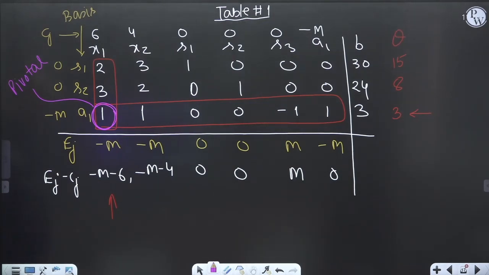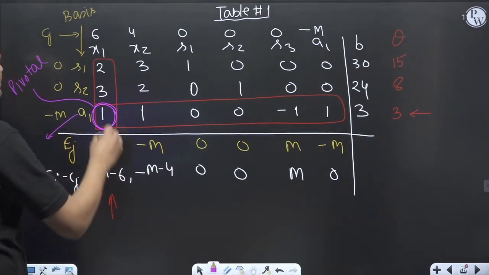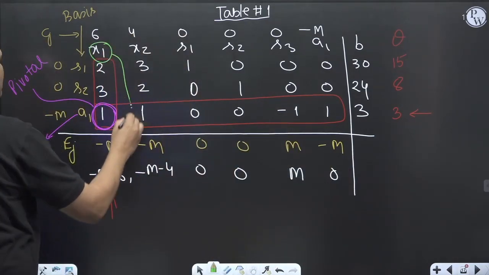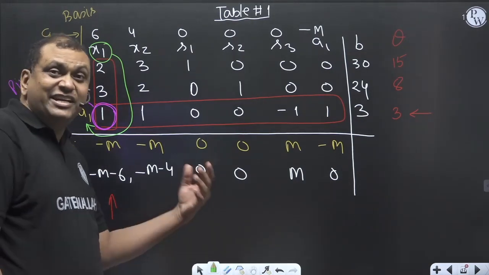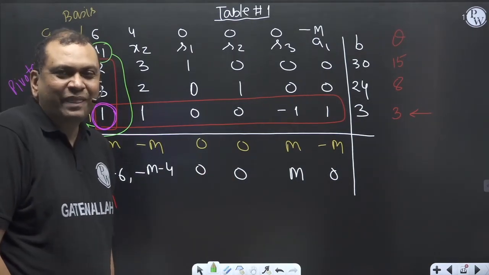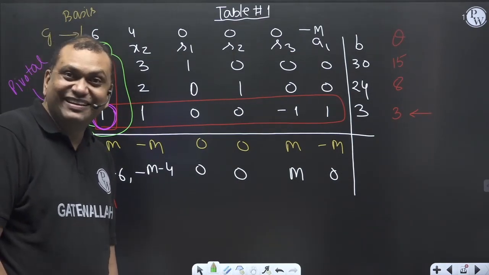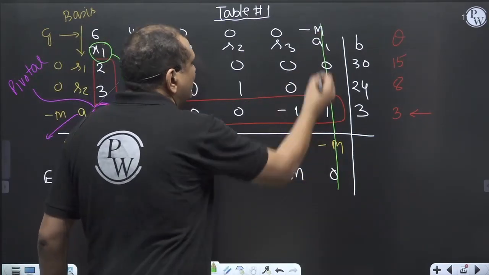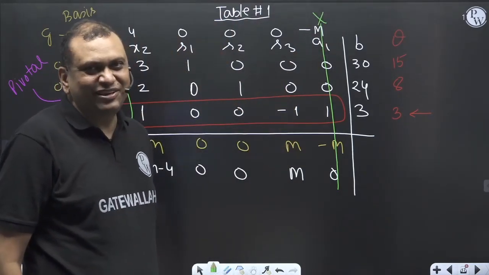So what is my decision? A1 will leave the basis, and in place of that x1 will enter. So in the first iteration itself, the artificial variable is leaving. So from the next iteration onwards, don't make this column. Make table 2.